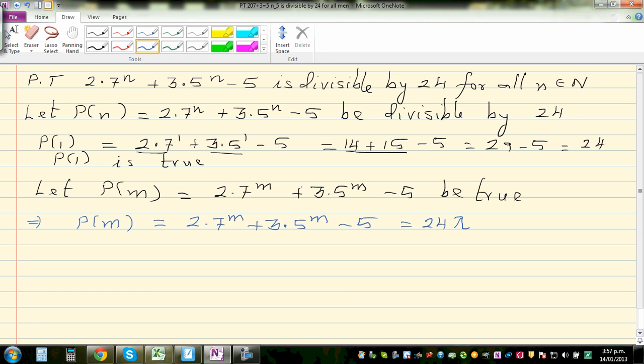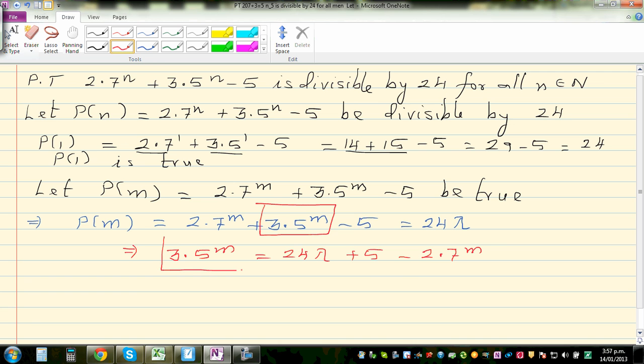So we are saying, if this is true, this expression is divisible by 24, and that's why I equated it to 24 lambda. So now if I make 3 times 5 to the power m the subject, 3 times 5 to the power m would be 24 lambda plus 5 minus 2 times 7 to the power m.